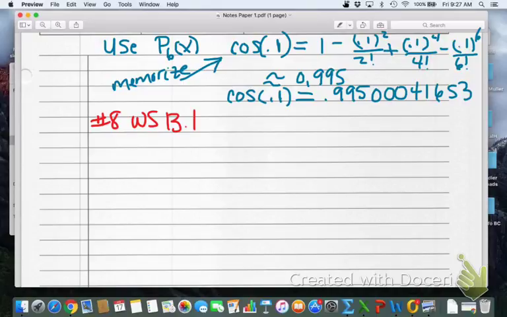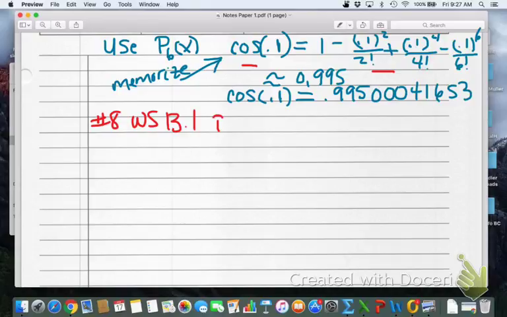Now, sometimes we're given the function and we're asked to find the polynomial. That was what happened up here. But then sometimes we're given the polynomial and we are asked to find the derivatives of the function. And that's what's happening in number 8.